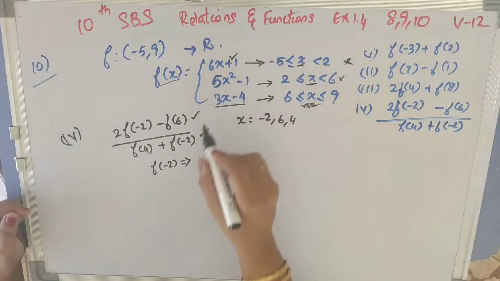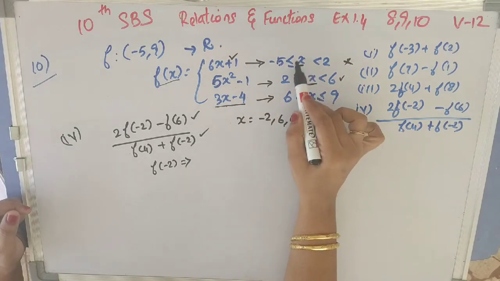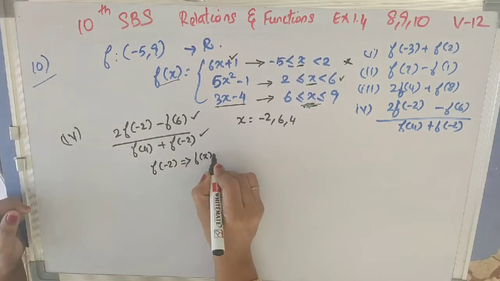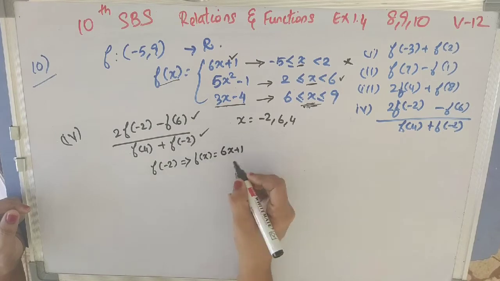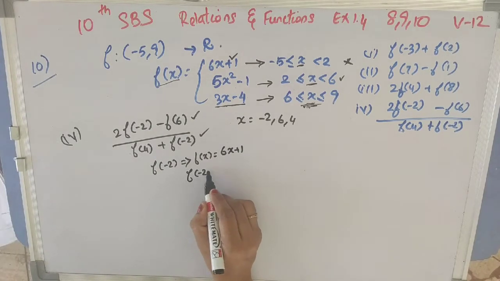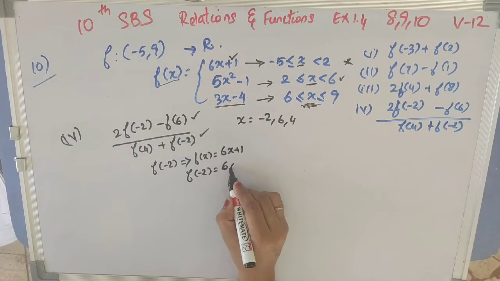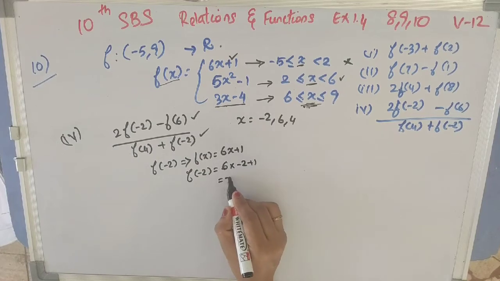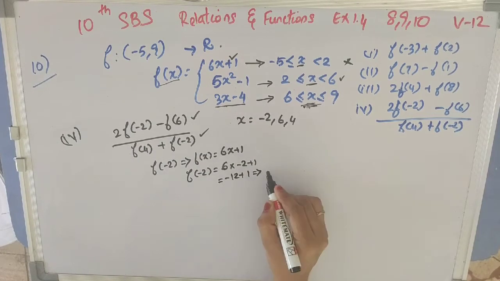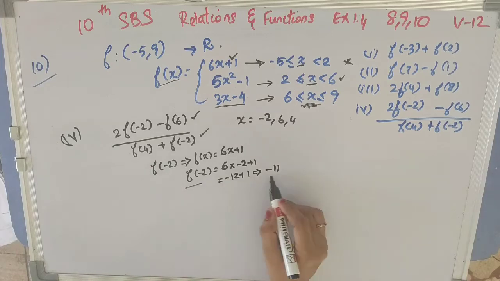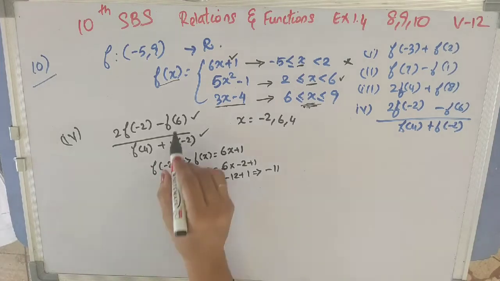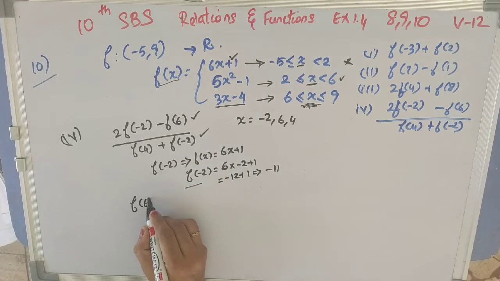What is f of minus 2? The minus 2 lies between minus 5 and 2. So, we need to use f of x is equal to 6x plus 1. So, f of minus 2 is equal to 6 into minus 2 plus 1, which is minus 12 plus 1, that is minus 11.